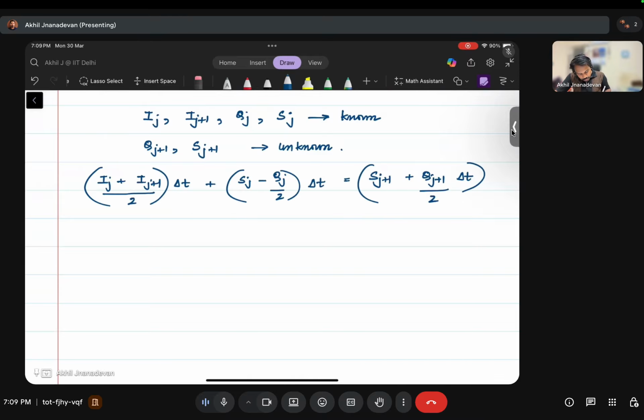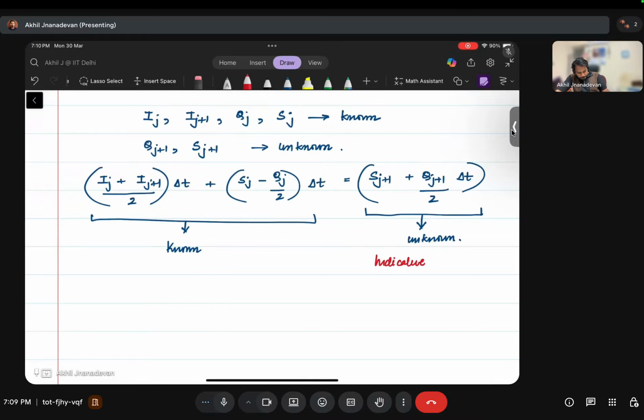So the left side is known terms, and this is the unknown term. This is also called the indicative storage.